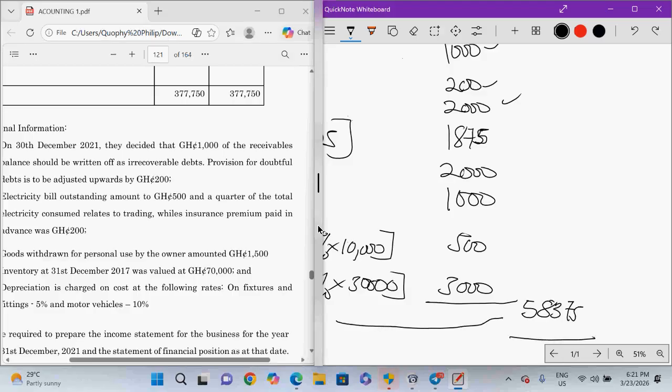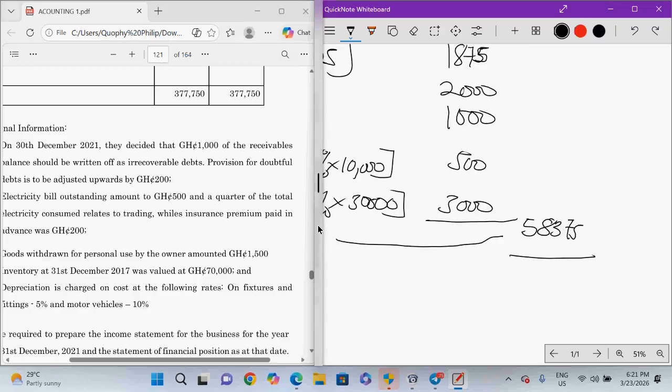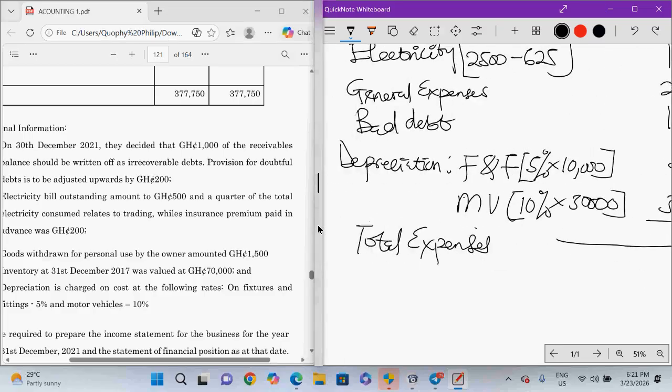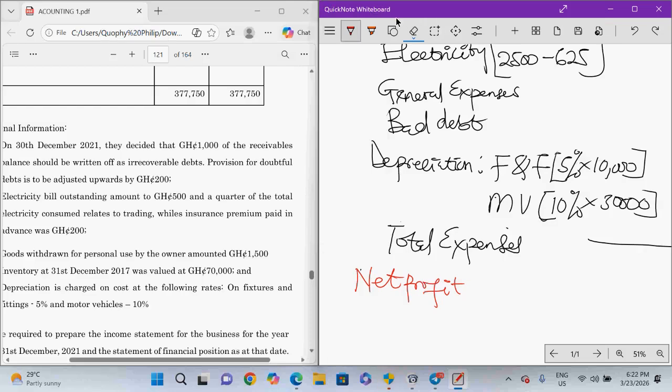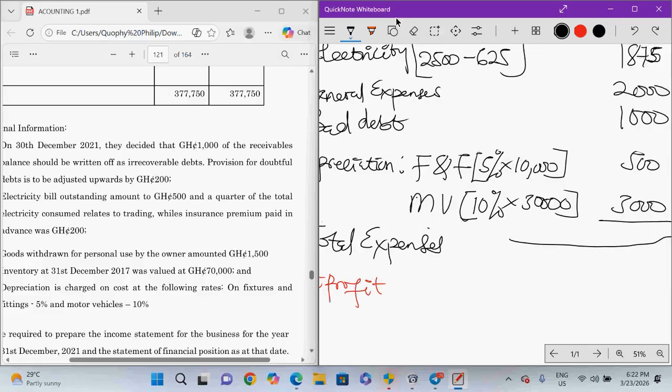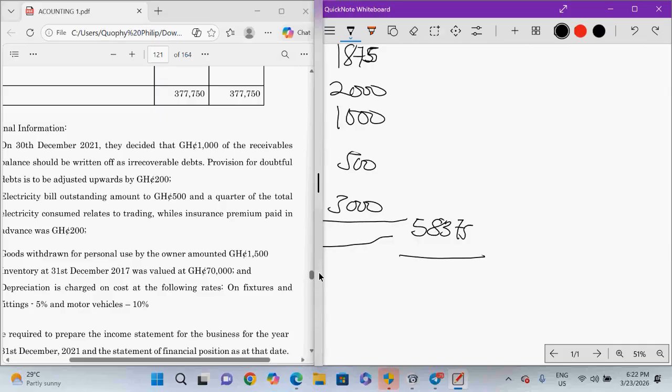Then now let's find our net profit or loss. 23,500. Net profit or loss? No, it's net profit. The net profit is 23,500.